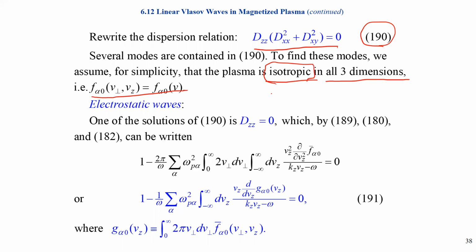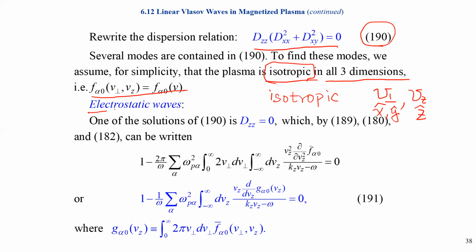Here it is isotropic in 3 dimensions, X, Y, Z, the same. But remember, in the previous case, we said we can divide it into V perpendicular and VZ, 2 directions. This is X, Y, and Z.